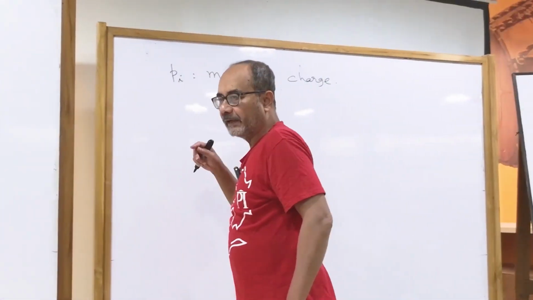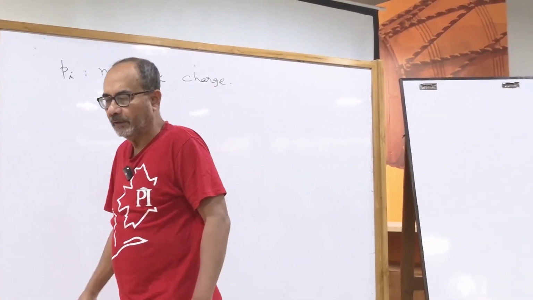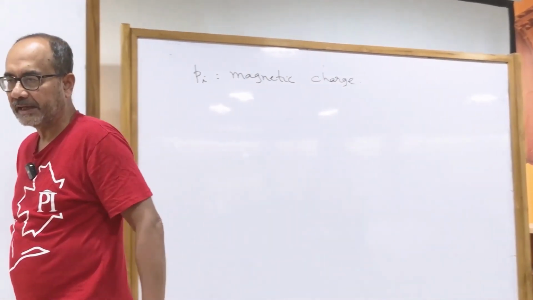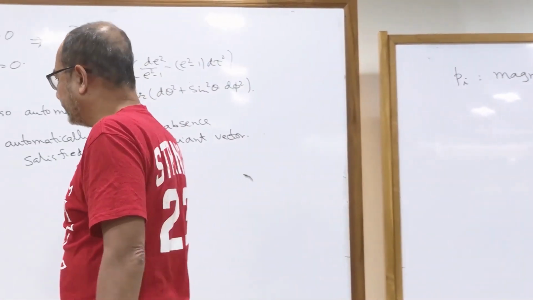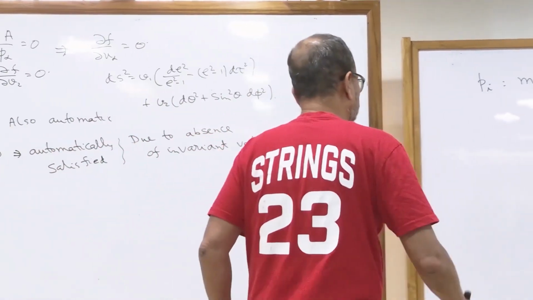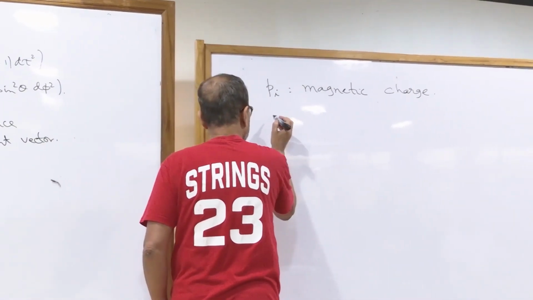Now, EI is the electric field. So you may have a tendency to say that EI is the electric charge. But it turns out that EI is not the electric charge. What is the electric charge? QI.